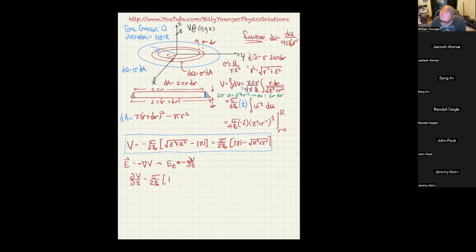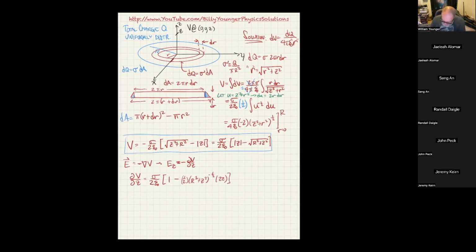And then if I take the derivative of r squared plus z squared to the 1/2, I have the minus already, that's going to be 1/2 times r squared plus z squared to the 1/2 minus 2/2, that's negative 1/2, times the derivative of r squared plus z squared, which is 2z.